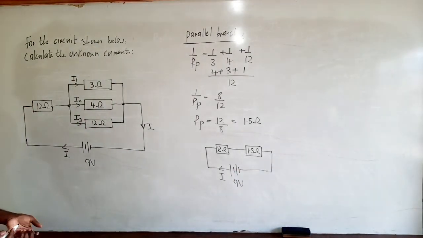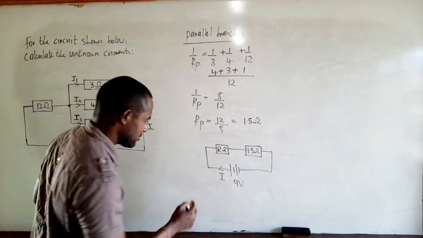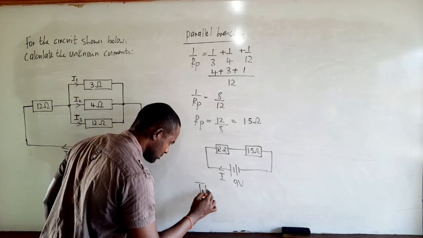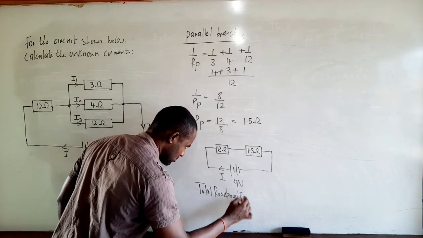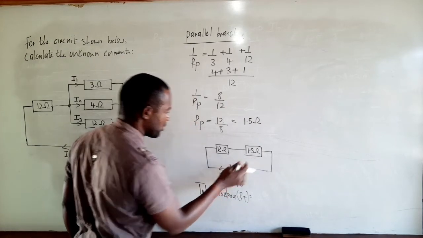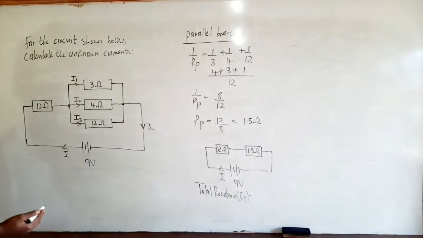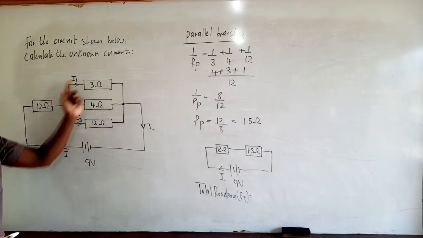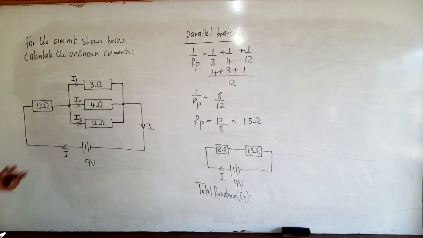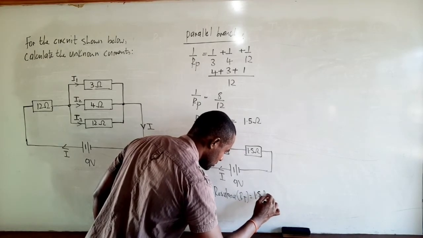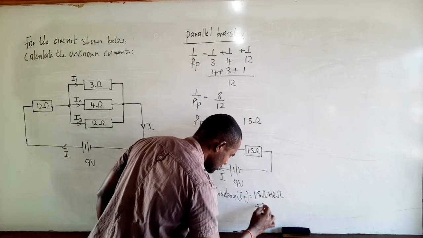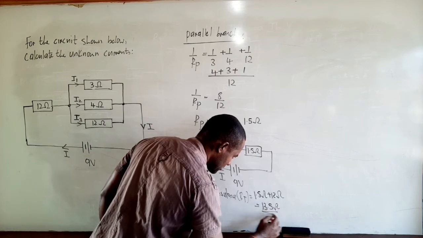Now the total resistance RT would be equal to the sum of these two, because of course they are connected in series. Remember, these three are connected in parallel and the entire combination is connected in series with the 12 ohm resistor. So we have 1.5 ohms plus 12 ohms, that gives us 13.5 ohms, right?